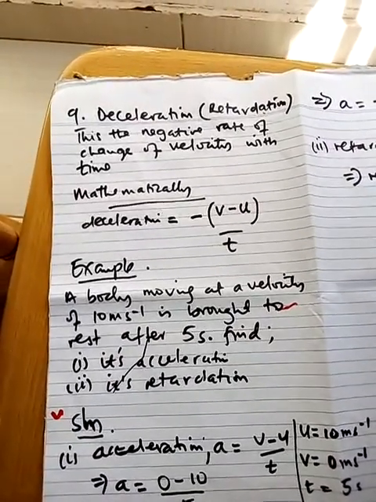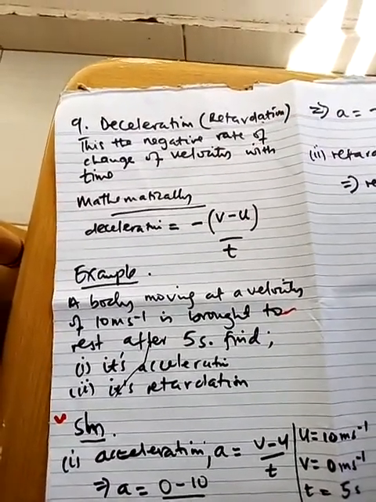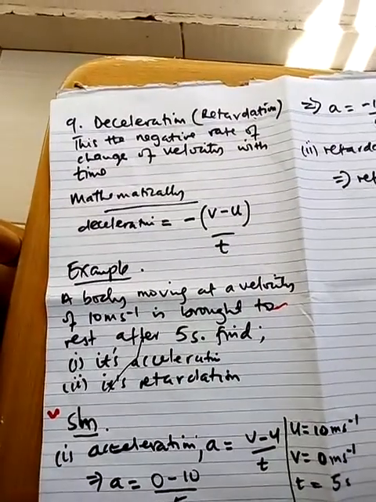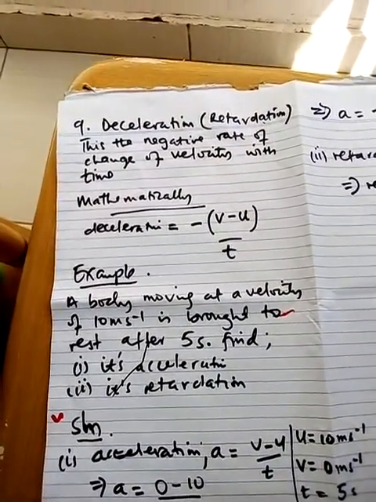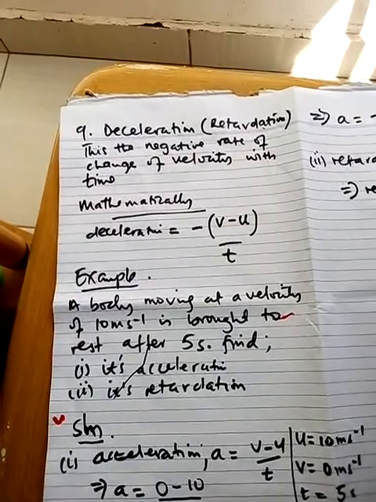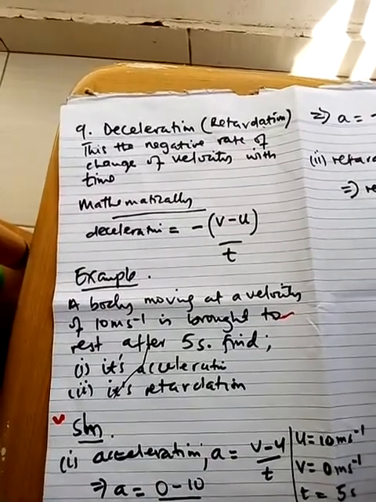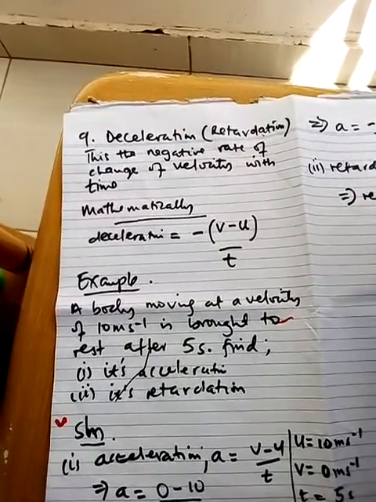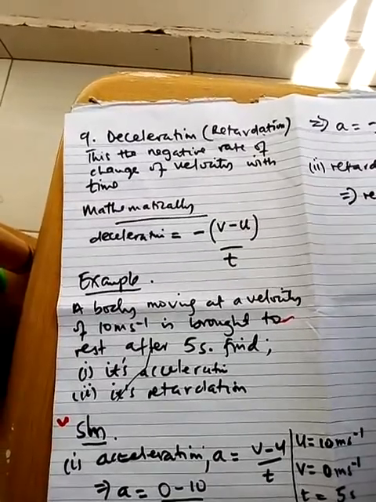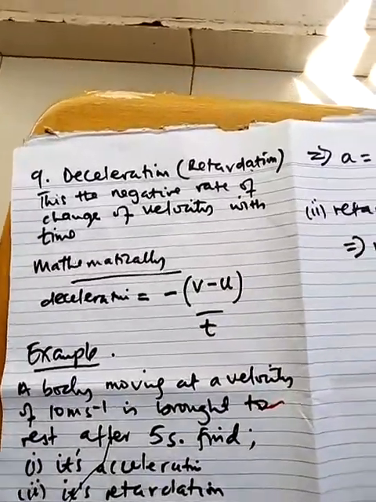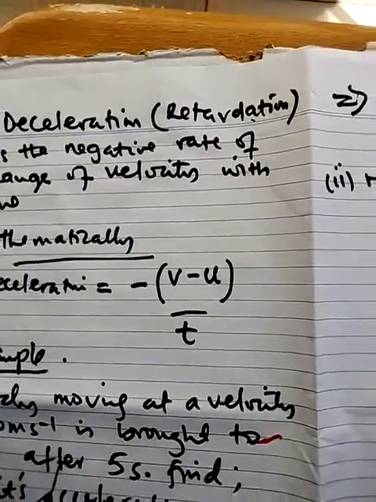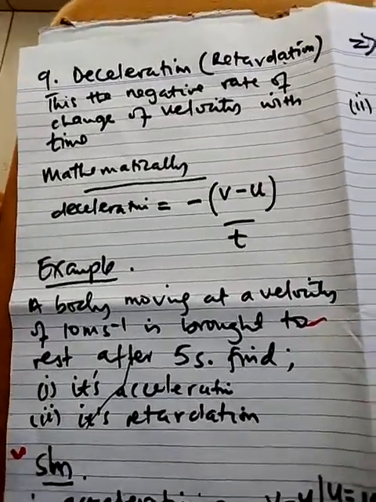And mathematically, we treated it well and said deceleration, or simply retardation, is equal to negative into v minus u divided by t, where v is the final velocity of the object, u is the initial velocity, and t is the time taken for the change of velocity.